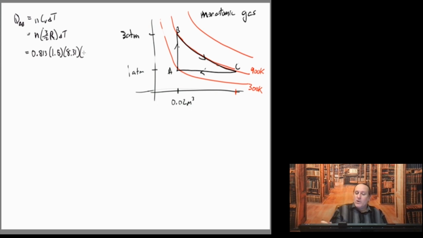And the delta T, we're going from 300 up to 900, that's a delta T of 600. And that's 6,080 joules.